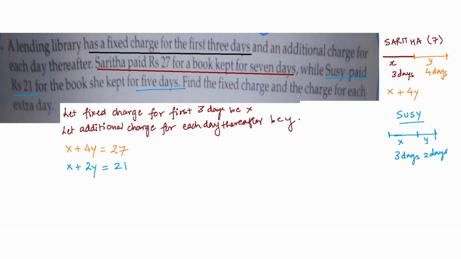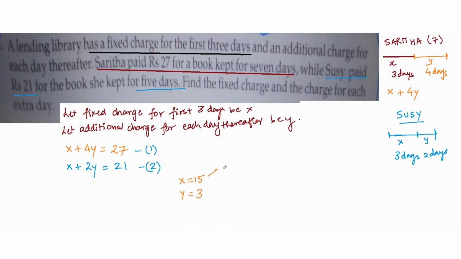That's the charge. Now you have to find the fixed charge and the charge for each extra day. So these are your two simultaneous equations. You can definitely solve these simultaneous equations. If you solve for X, I believe you will get X equals 15 and Y equals 3.